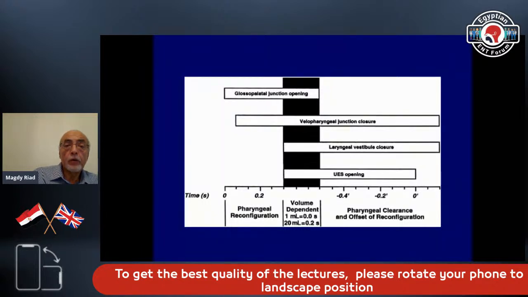Laryngeal vestibule closure would start with the bolus getting into the hypopharynx and extend until the whole of the bolus has cleared off the pharynx. The upper esophageal sphincter would remain open for the whole of the 1 second, but it would close off before laryngeal closure is finished and before nasopharyngeal closure is also finished.